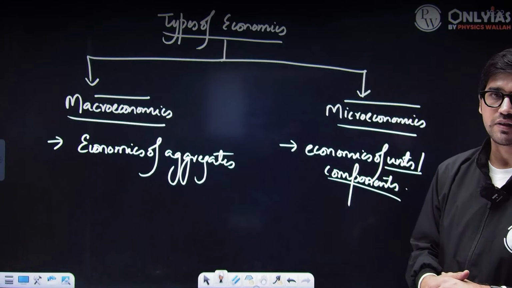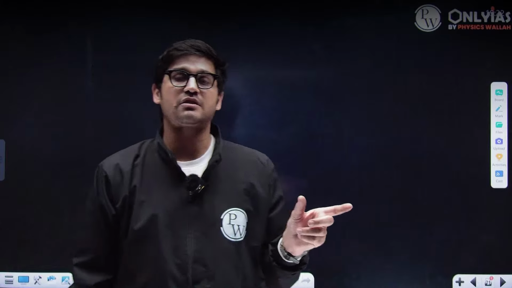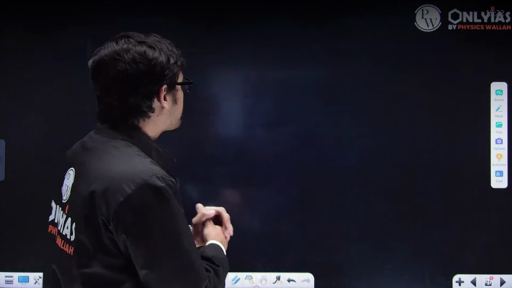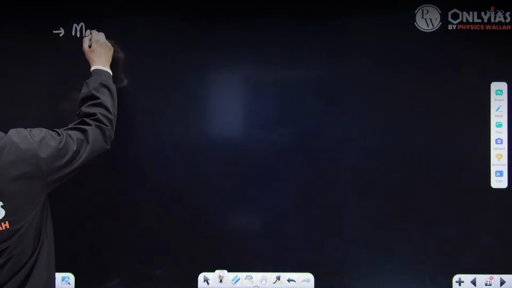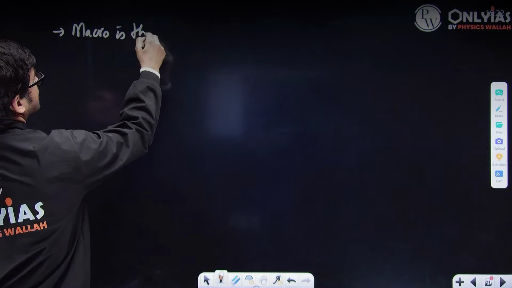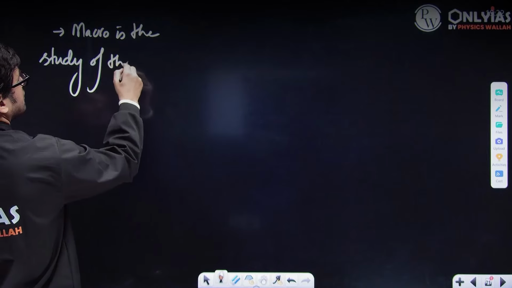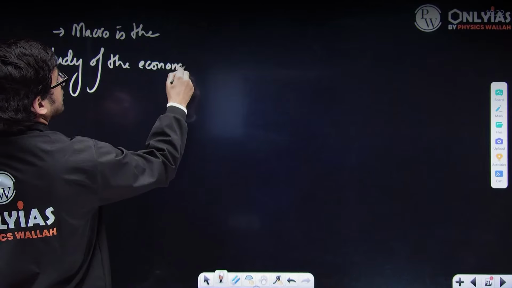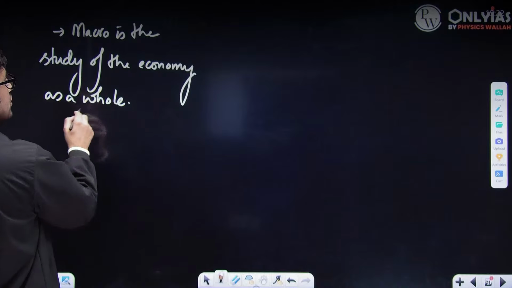Now, what do we mean by this? It simply means that macroeconomics is that branch of economics which is concerned with the study of the economy as a whole. We just said that macro is the study of the economy as a whole.